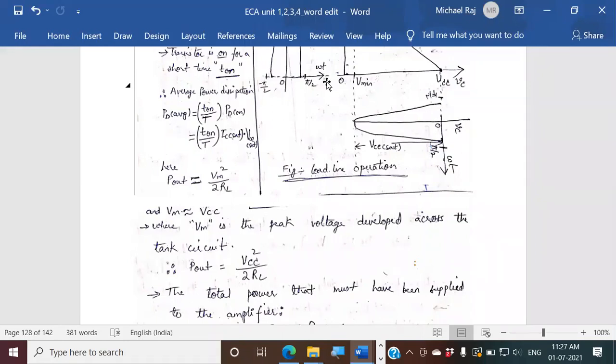Okay, so you need to consider, before travel means the 10 rupees that he lost, he has it now. So before travel will be the amount that he now has plus the amount lost in travel. So he will have 110 rupees. Similar logic, output power we have P out.